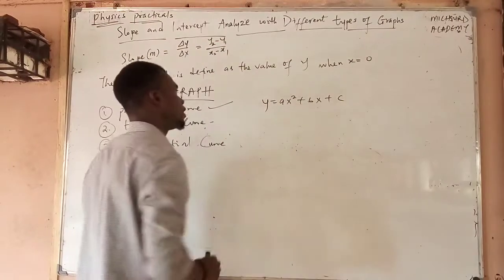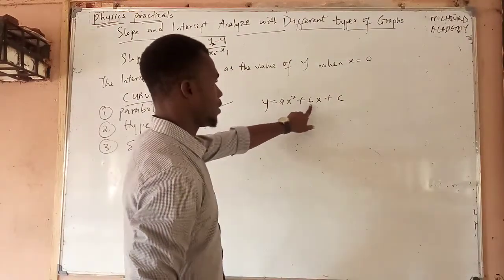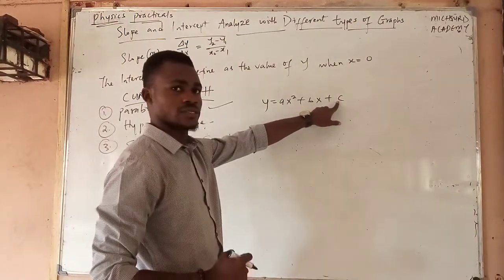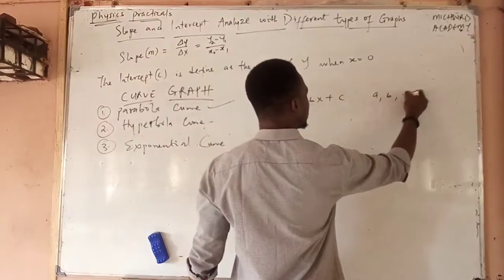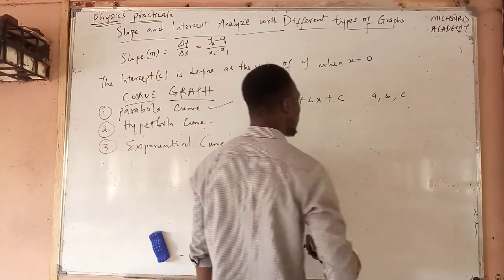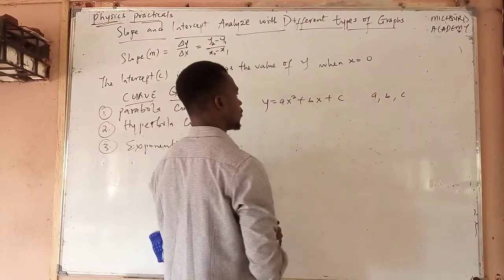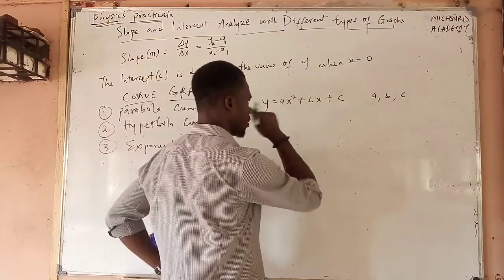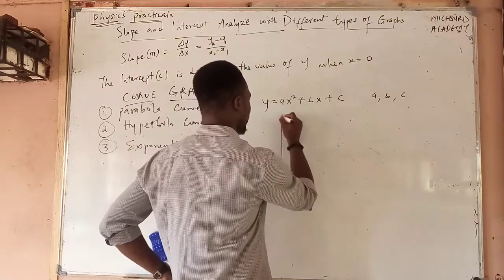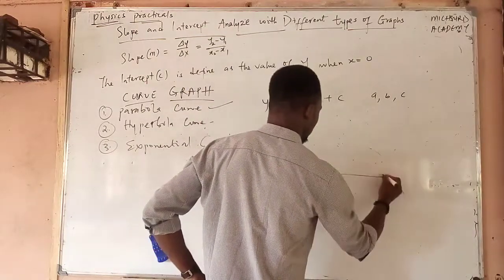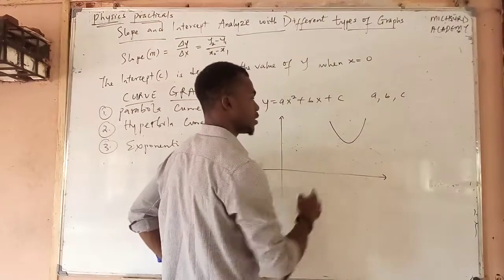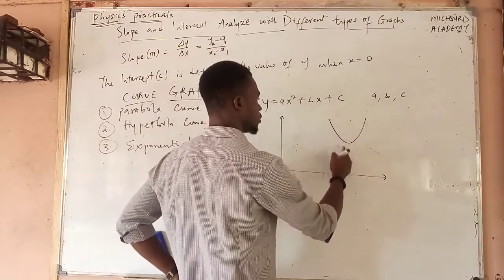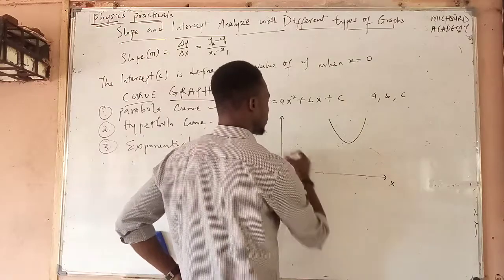Y is equal to this, where A, B, C are constants. Okay, so if we draw this graph, we are going to have the graph to be of this nature in different forms. You see the one that can be curved in this way, in such a way it does not cut the x-axis.